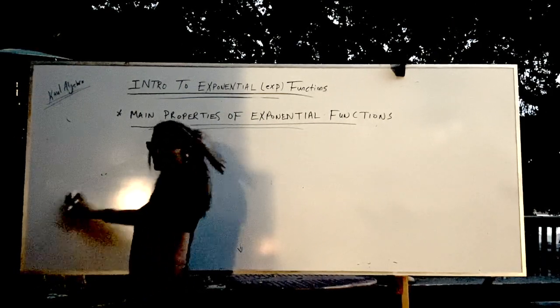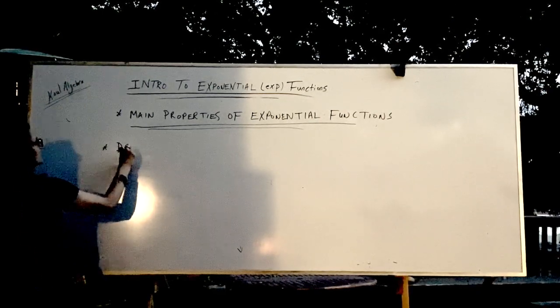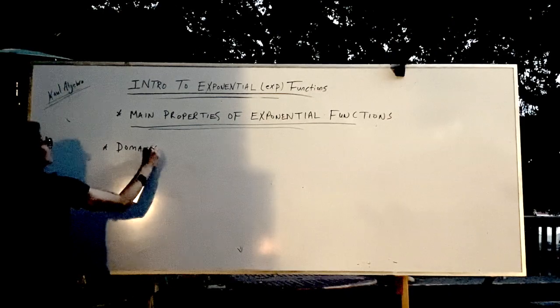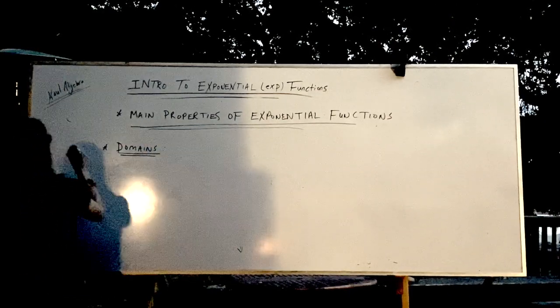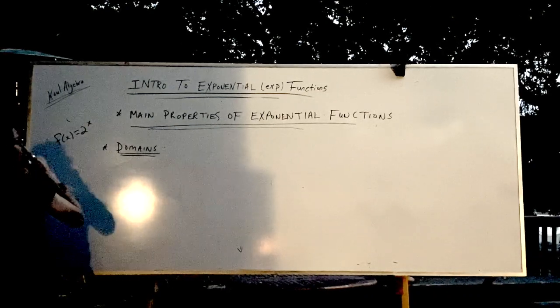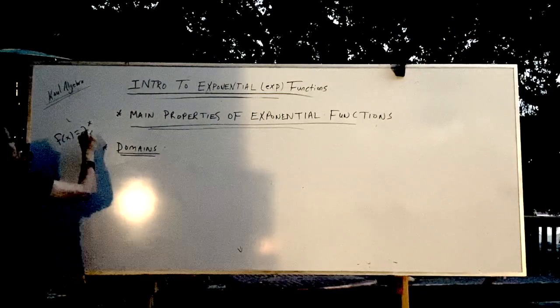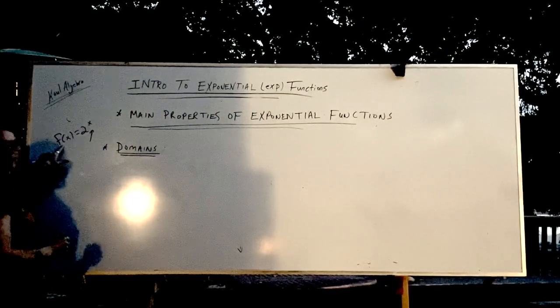As with any function, we always want to identify what our domains are. So if you think about a typical exponential function, like f of x equals 2 to the x, you could put any valid input for x and always get a valid output.